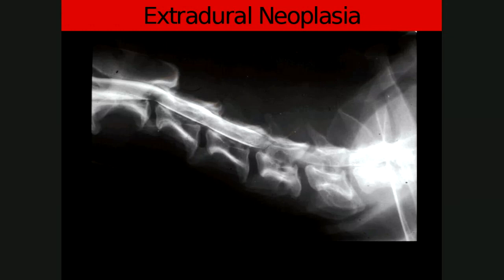So here we've got an example of an extradural neoplasm, dorsal to C5 here. The contrast column lifts up and then it thins markedly and it disappears. Same over here, it lifts up and thins, and then the opposite contrast column dorsally is hardly visualized, so it's markedly thinned. So this is typical of an extradural neoplasm.